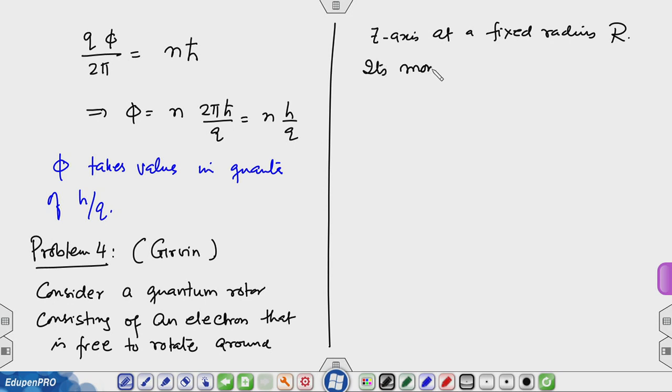Its moment of inertia I equals obviously m r square.